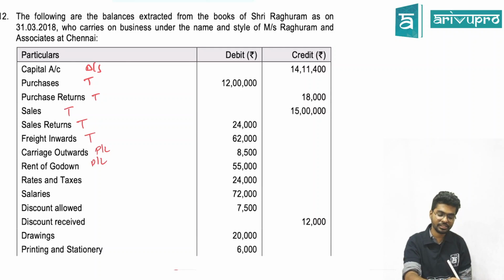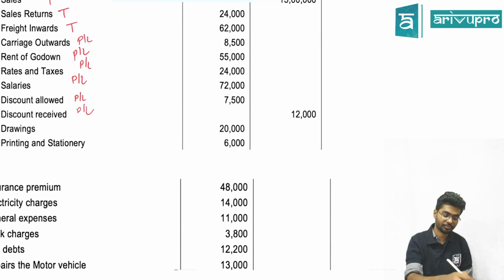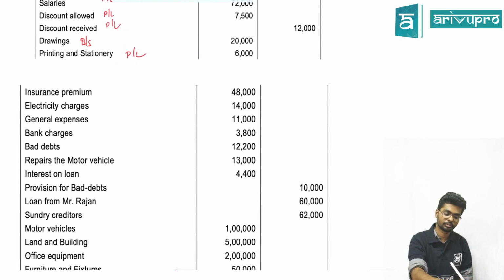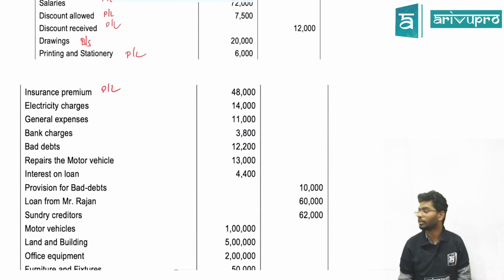Rates and taxes. Salaries. Discount allowed. Received. Drawings. Printing and stationery. Insurance premium. Insurance premium is an expense, P&L account. Electricity charges, P&L.